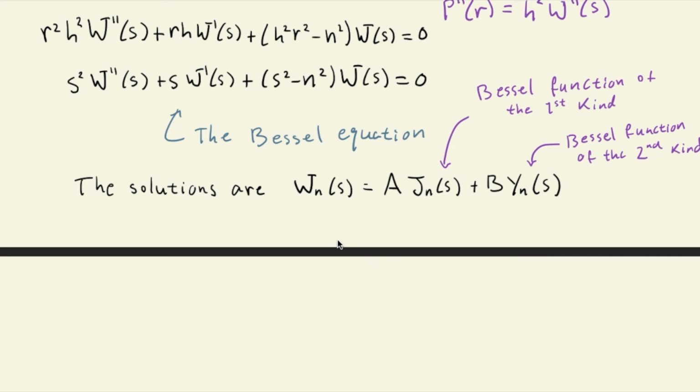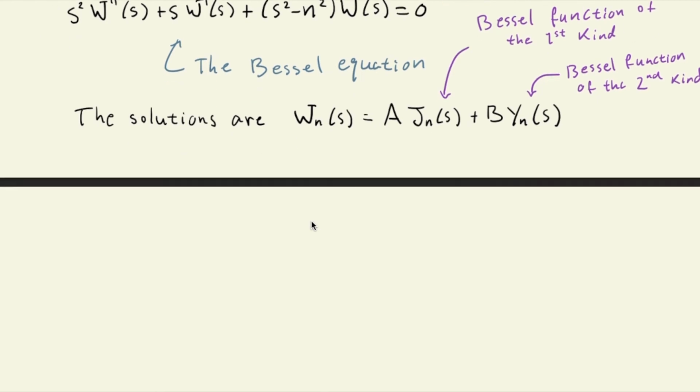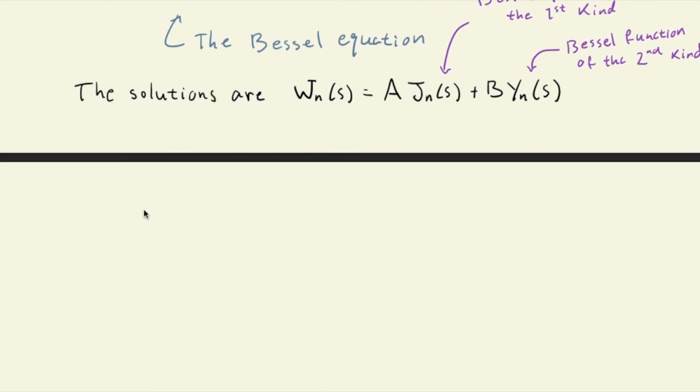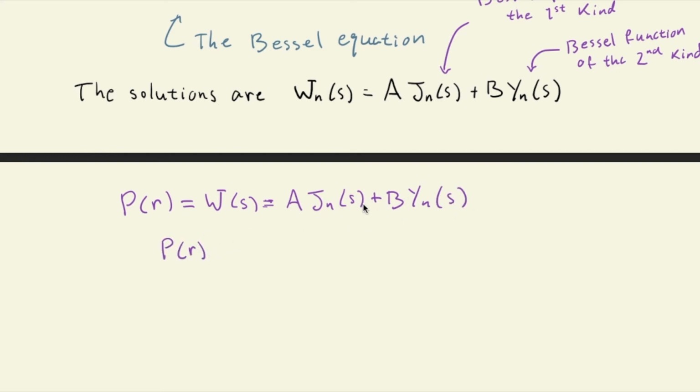And this means that P, so this is W, right? So P of R, by definition, is W of S, which is A J_n of S plus B Y_n of S. But then you can write S in terms of R, right?